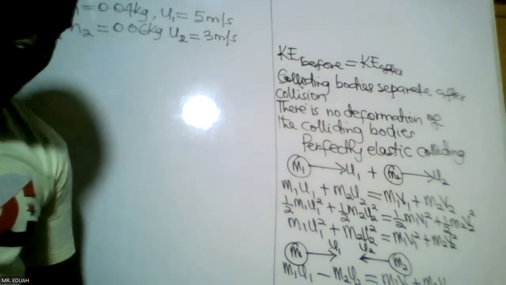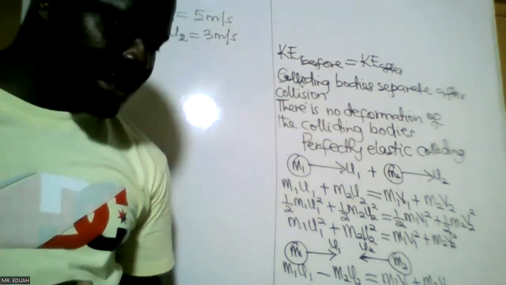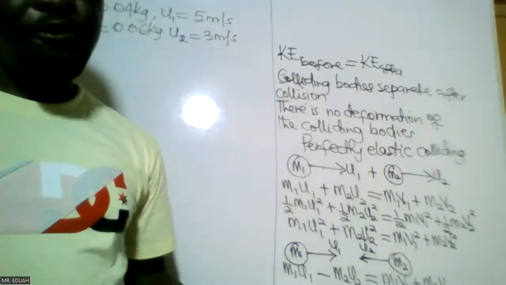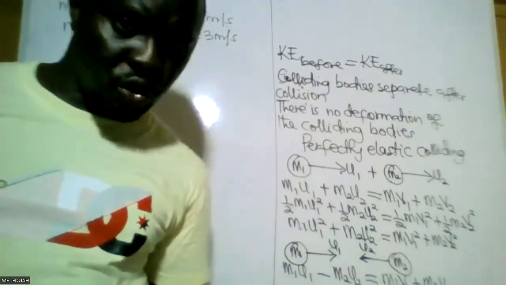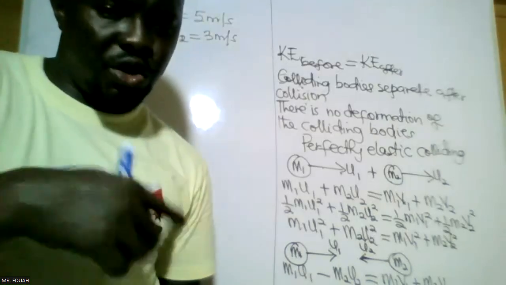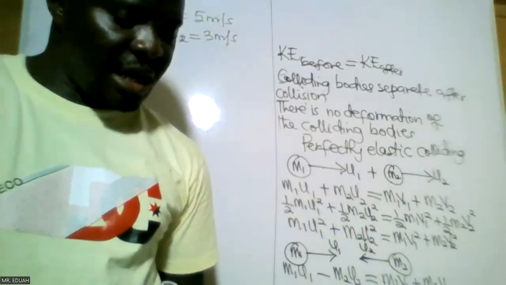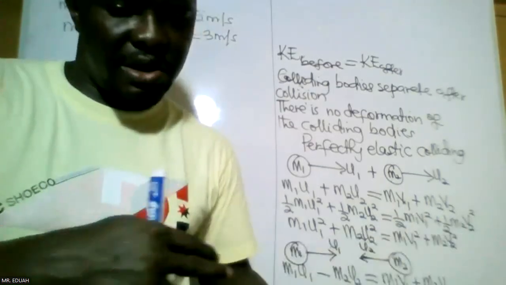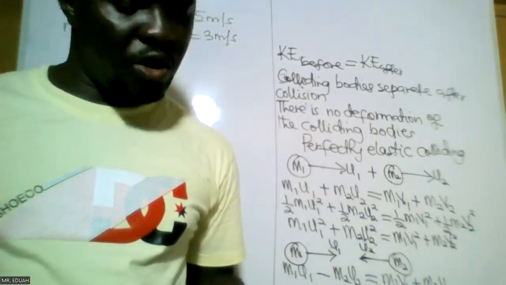So what it means is that the word head-on as used earlier is not correct, because for a head-on collision, the two bodies must be coming from opposite directions. It shouldn't have been used, but rather find the final velocities when they are moving in the same direction and when they are moving in the opposite direction.